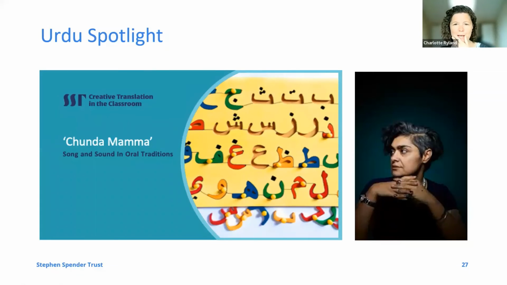Urdu I've talked about already, so I'm just going to briefly show an example here. This is Sasha Arta, our wonderful poet and translator who's been developing this work with us, and here is the opening of a translation workshop that she developed for primary school on song and sound in oral traditions.